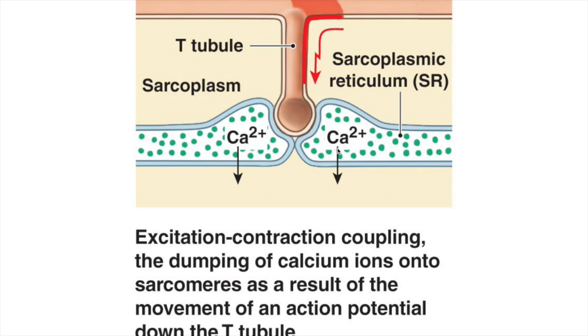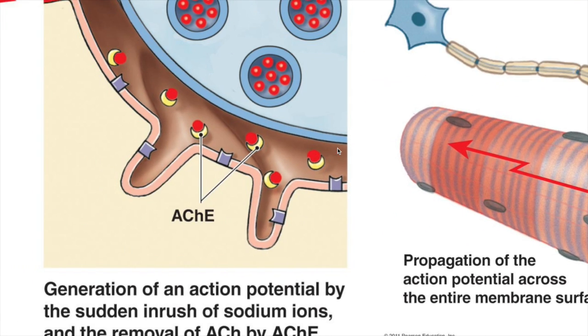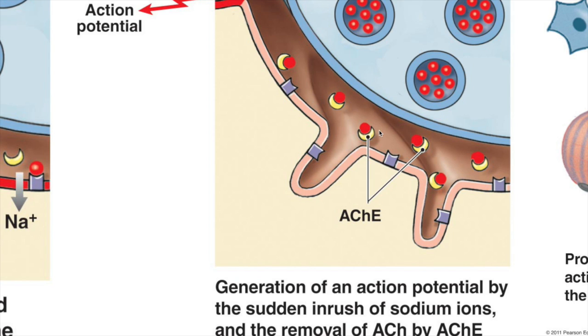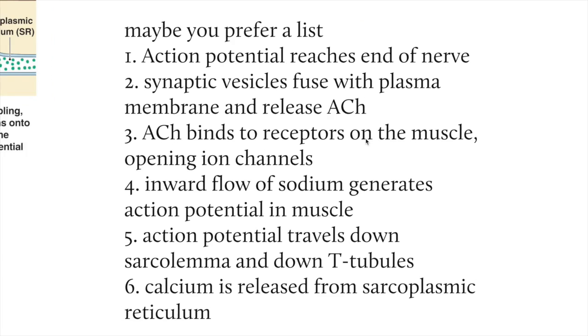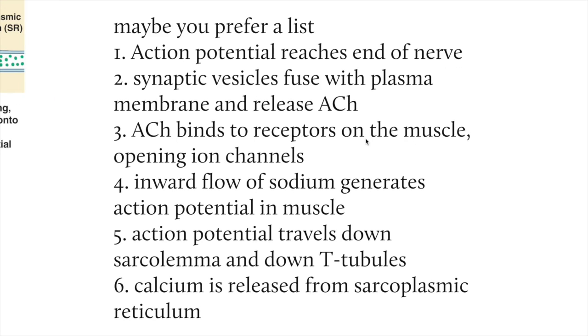And then we have a very important enzyme, which we can see back in this figure. This is acetylcholinesterase right here, these banana-shaped things. And it breaks down acetylcholine to prevent continuous contraction. Okay, so if you prefer these steps in a list, here it is. The action potential reaches the end of the nerve.